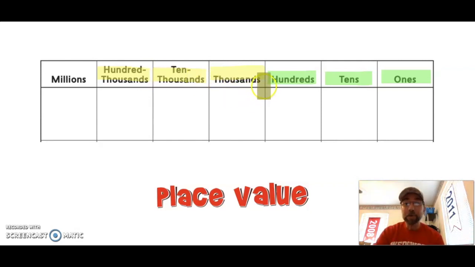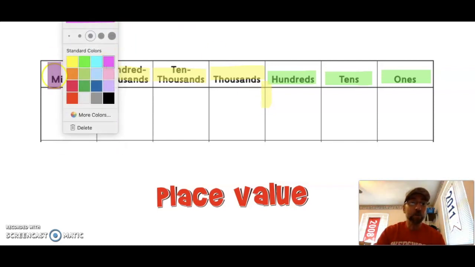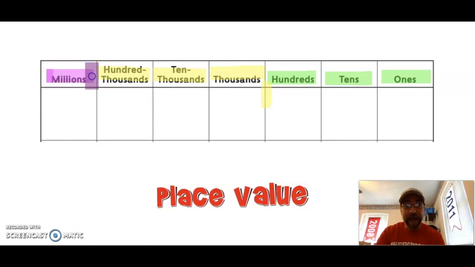What separates my thousands from my hundreds is a little comma that is named thousand. So whenever you see that comma, you're going to say the word thousand. And if we went bigger than the 100,000s, it will take us into the millions. That's where you will find another comma separating the millions from the 100,000s.